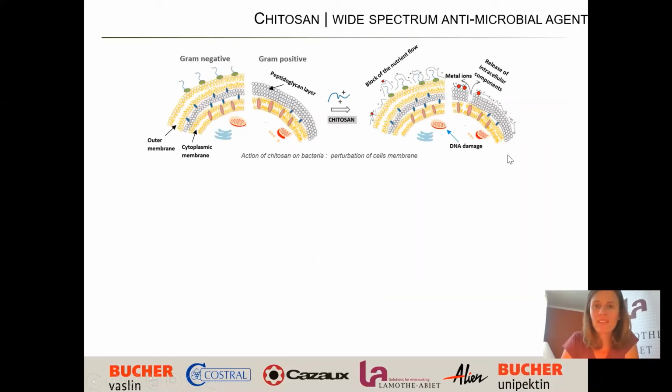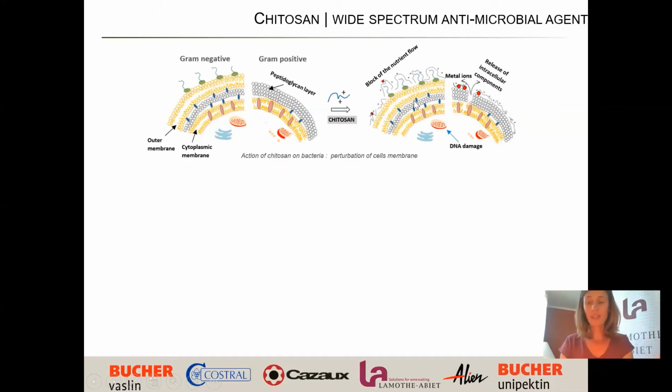So here you have gram-negative and gram-positive bacteria cell walls. When we add the chitosan, I want to show you this because we see how it works on bacteria too. You can see that basically the chitosan is going to block the receptors on the side, so you have no nutrient flow.